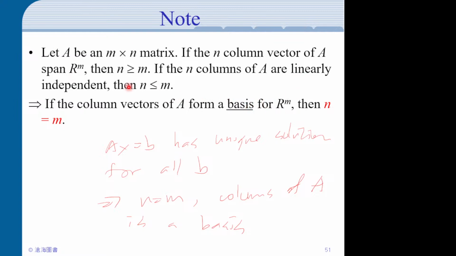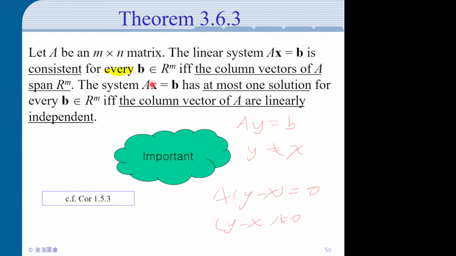that says if your column vectors are a basis for Rm, then both of these things should happen.